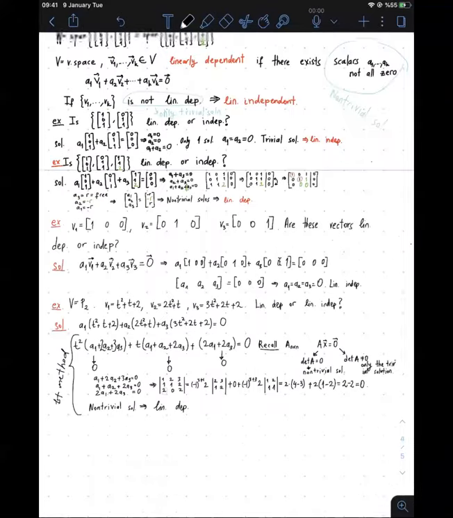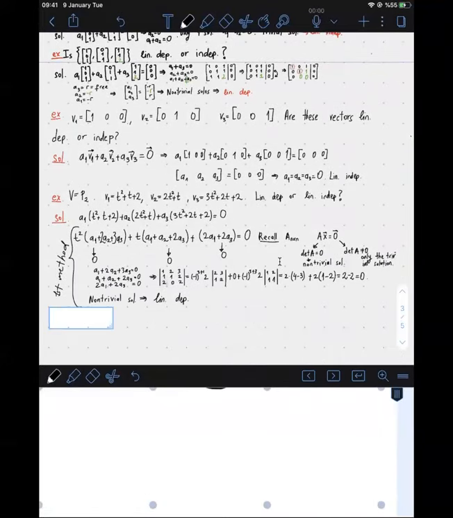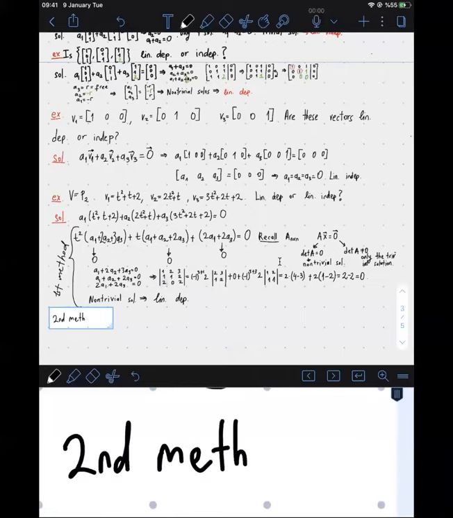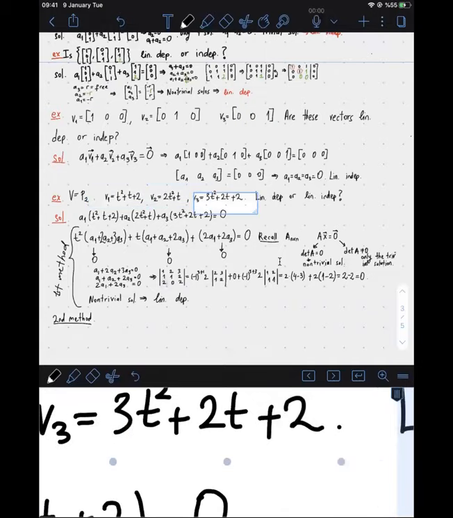And there was another method. And the other method, second method, works like this. Second method is just observation. So when we're asked something like this, we try to observe. So in this case, you see that the sum of V1 and V2 really gives V3, right?